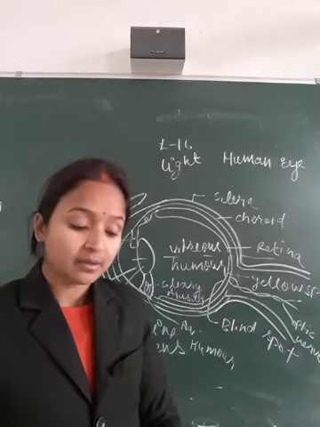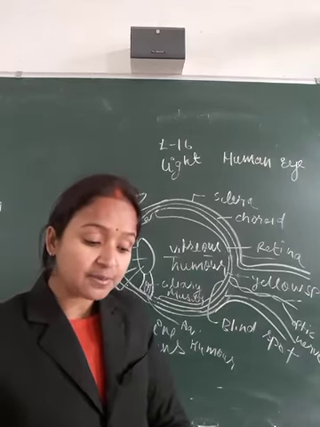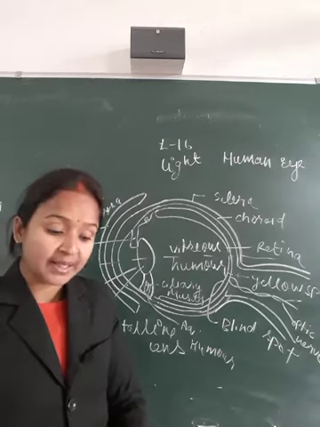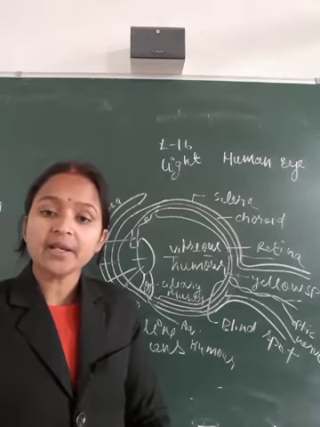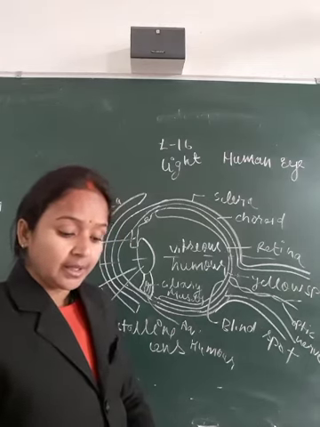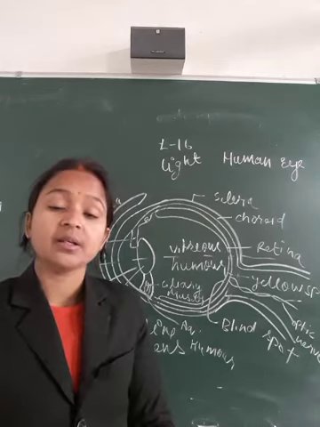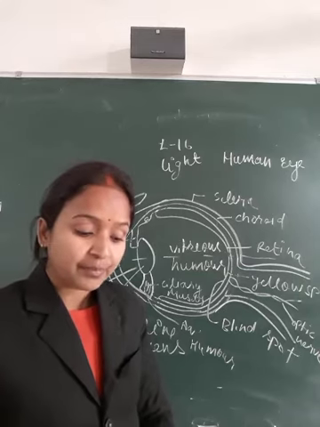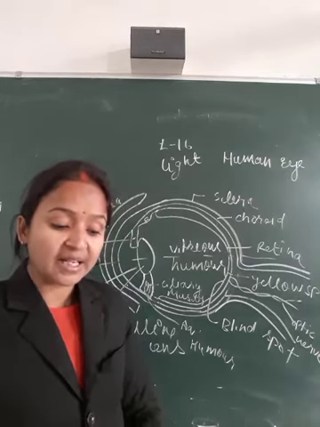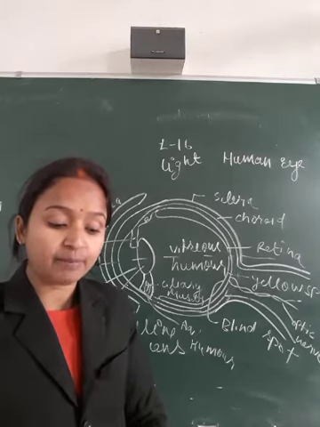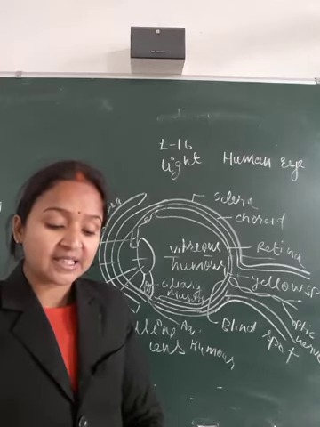The nerve endings or the nerve cells constituting retina are of two kinds, that is rod shaped and cone shaped. Cone shaped nerves are sensitive to bright light as well as primary colors red, blue and green, that is the RGB.